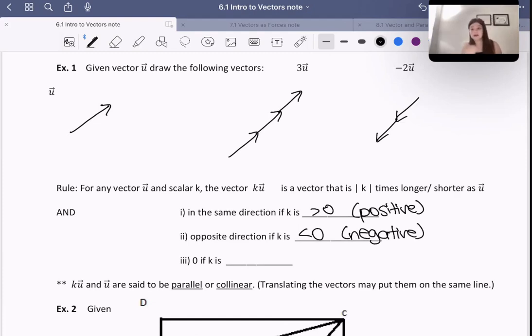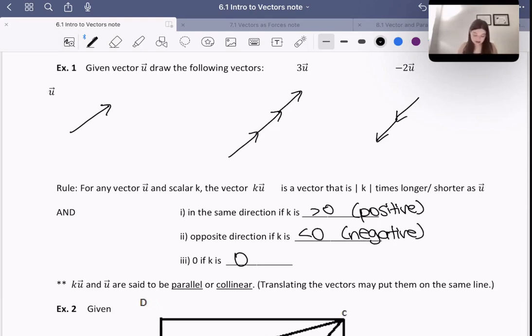We went in the opposite direction because that negative indicated that it was the opposite of whatever the original vector was telling us. And then if 0 is k, then that means we have 0, right? We're just going to go nowhere if k is 0. If it's 0 of the u vector, we're not going to do this any times. That means we're out of luck and we're just going to stay put.